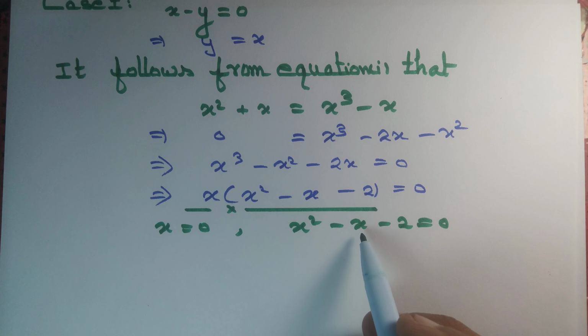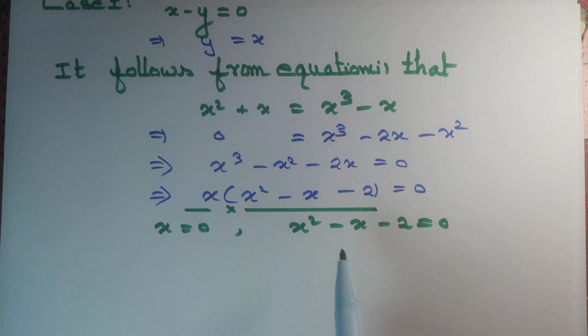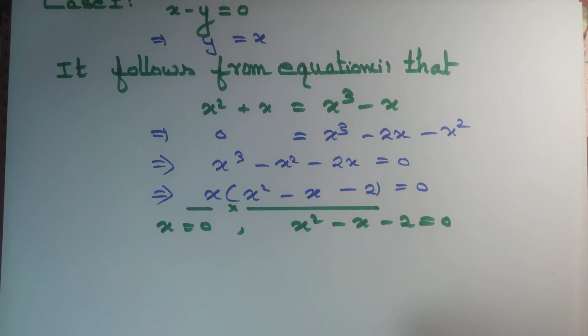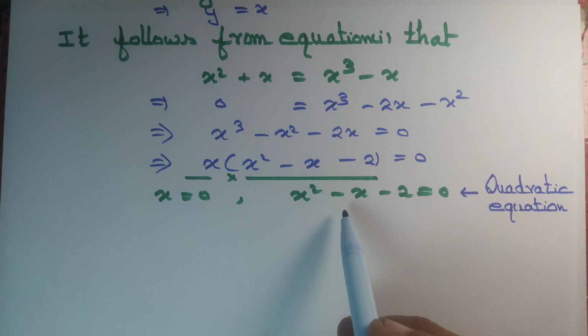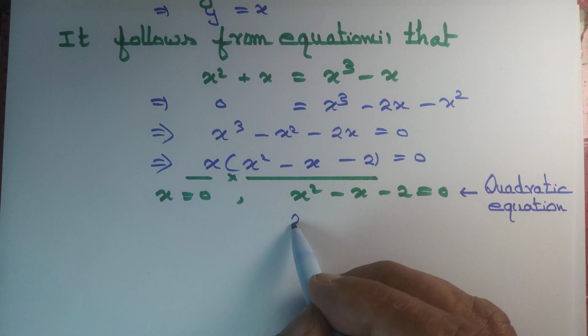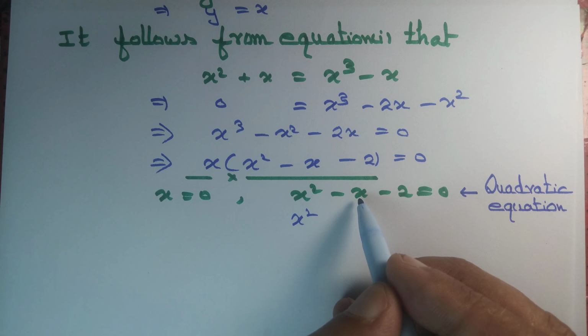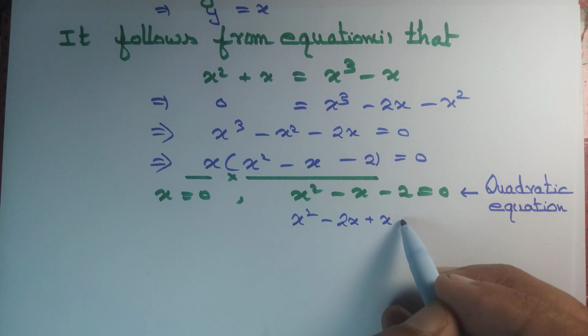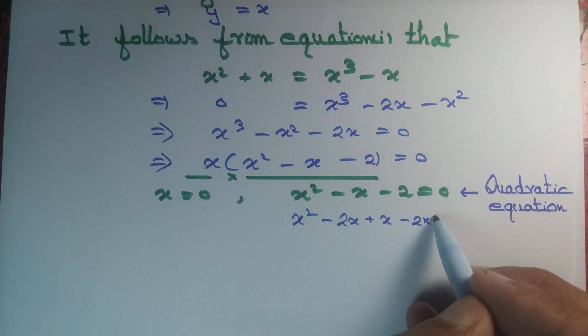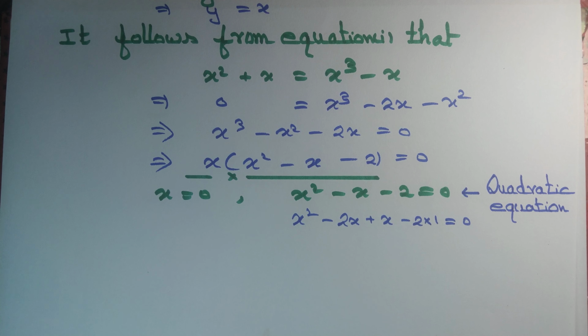What if x square minus x minus 2 equal to 0? Now we see that this is a quadratic equation, and we can simply factorize it by splitting the middle term. The middle term is minus x, that can be written as minus 2x plus x. Minus 2 plus 1 is minus 1, minus 2 into 1 is minus 2.